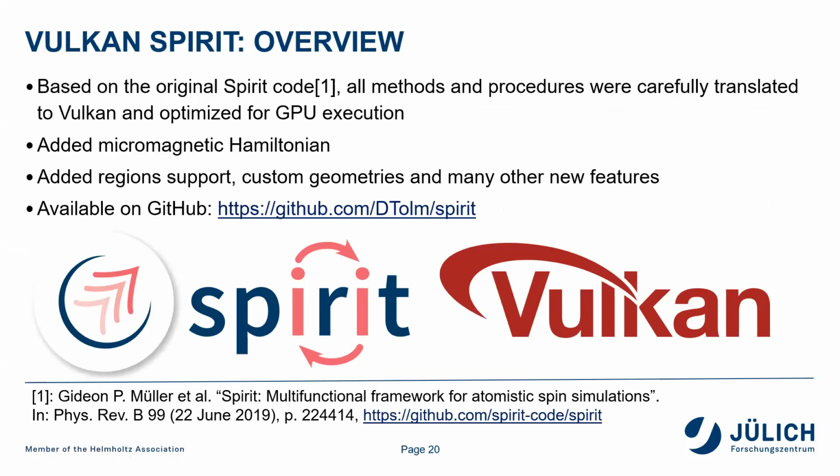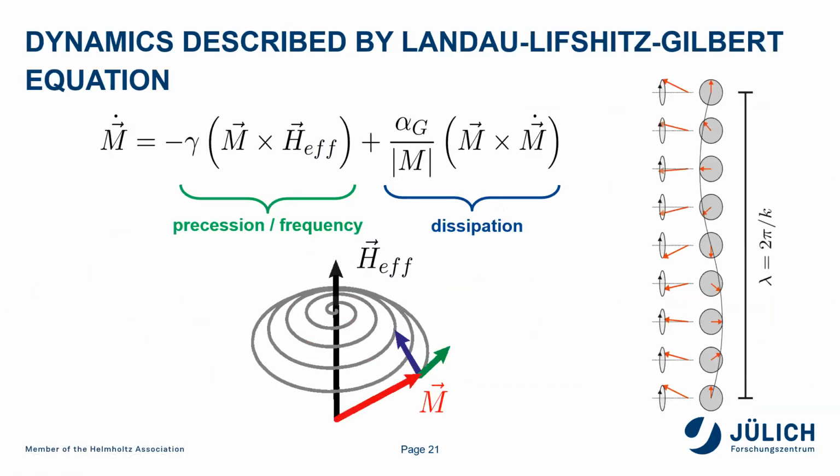So this is the system of differential equations we solve on a big grid of cells or spins. This is an ordinary differential equation, where every spin is communicating with other spins through an effective field, which is described as a sum of combinations of spin interactions.